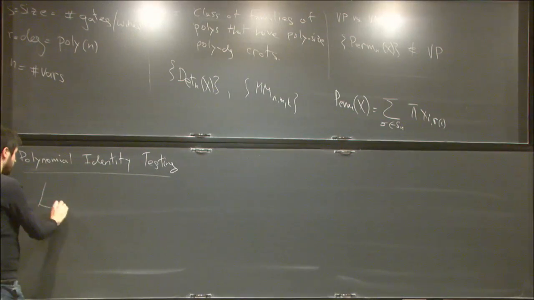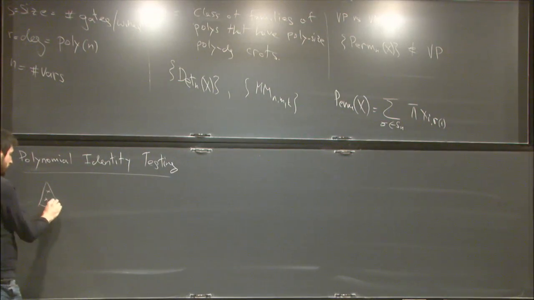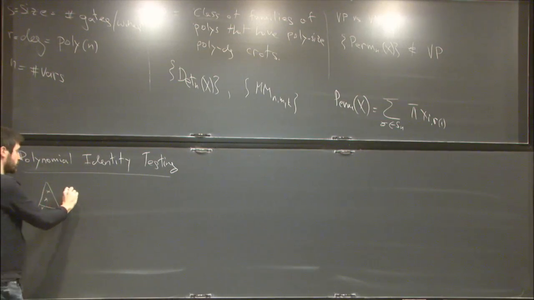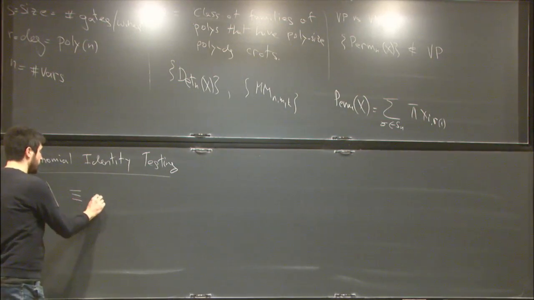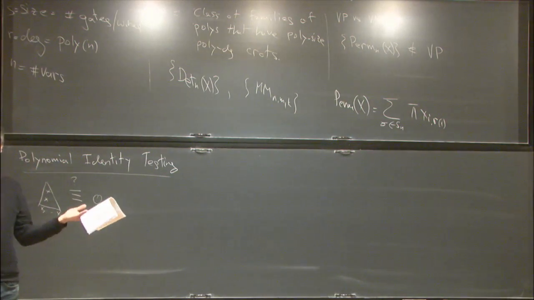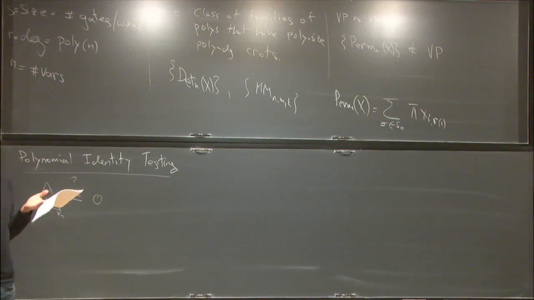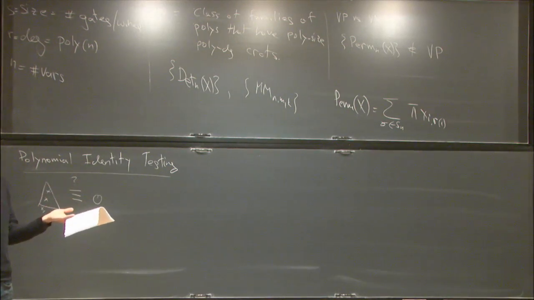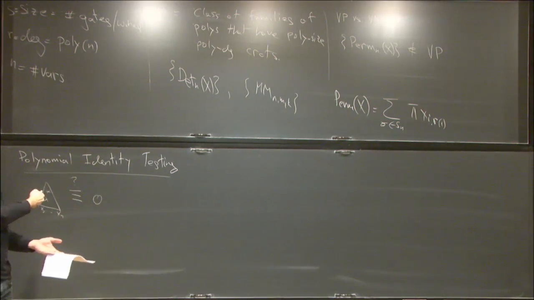Given some arithmetic circuit with plus, times, etc., over n variables, we have to decide whether the circuit computes the identically zero polynomial. Okay? Or equivalently, given two arithmetic circuits, we have to decide whether they compute the same polynomial. Because by just subtracting one circuit from the other, we reduce to this problem.